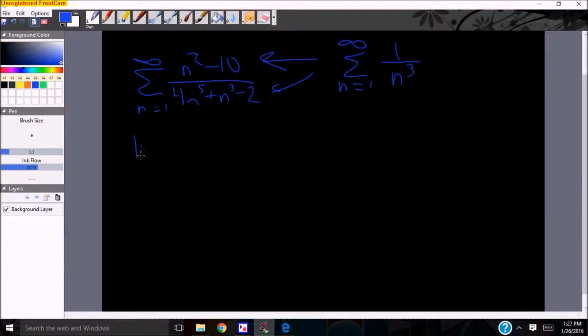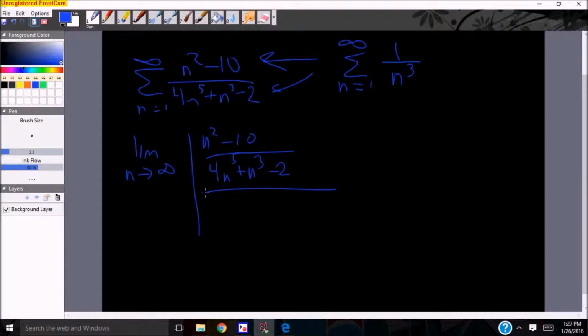Okay, so let's look at this limit again as n goes to infinity. Remember, we're going to have that n squared minus 10 up there, that 4n to the 5th plus n cubed minus 2 down here on the bottom, and we're all going to be over 1 over n cubed.